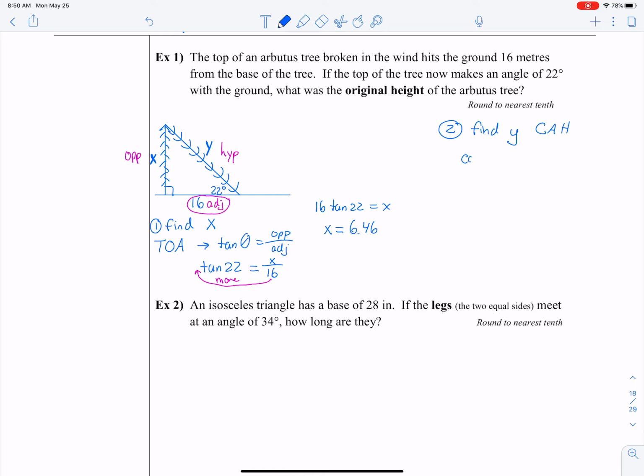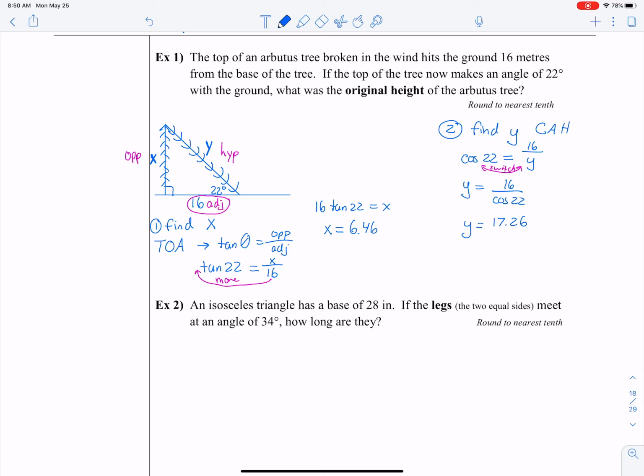So cos of 22 is going to be equal to adjacent, which is 16, over my hypotenuse, which is y. This time the letter's on the bottom, so I'm going to switch those two. So I get y is equal to 16 over cos 22.